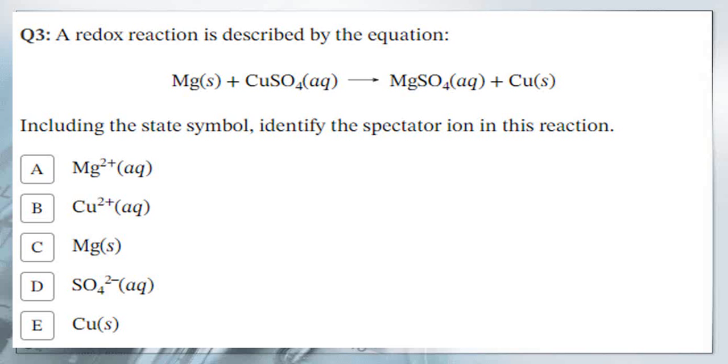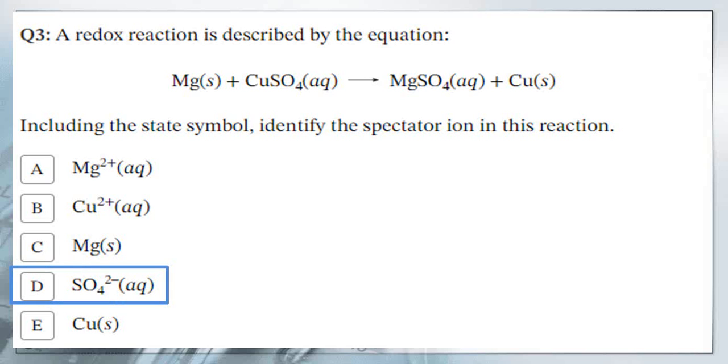Here we have two solids, one in the reactant and one in the product: magnesium solid and copper solid. So what are the spectator ions, which can be neglected in both reactant and product? Only one, the sulfate group SO4 negative 2.